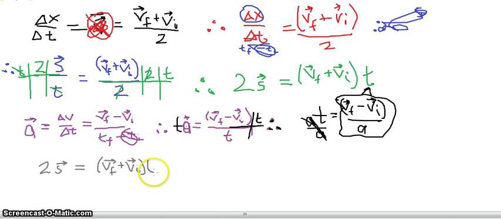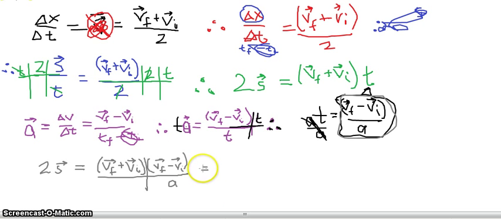Just going to multiply all of this by, remember we're going to substitute this in for time, velocity final minus velocity initial, over acceleration.